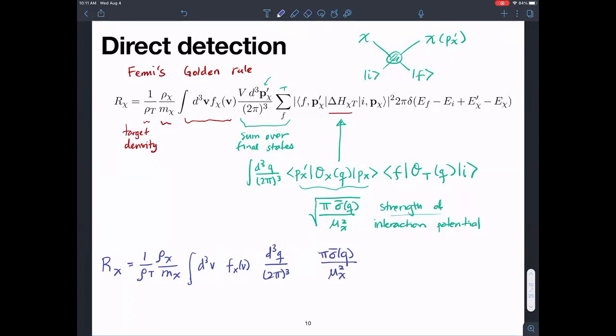So this is the strength of the interaction squared appearing here. And I can separate out the target piece in the bottom line with some operator here, which I'll define.